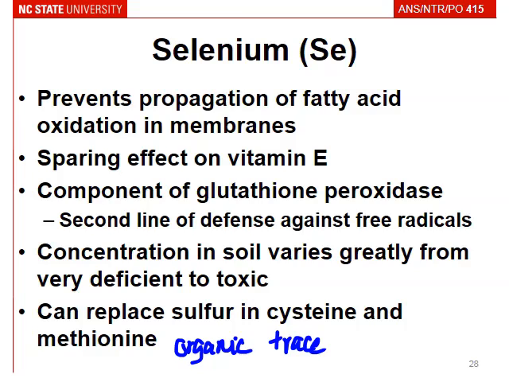Methionine is involved in our one-carbon metabolism, which we'll talk about later on in the semester. In addition, it's also involved in our disulfide bonds. So we're going to have misfolding of protein, and we're also going to mess up our one-carbon metabolism.